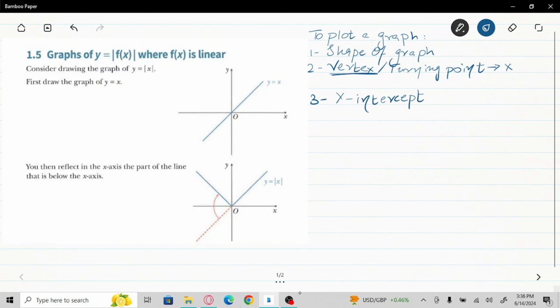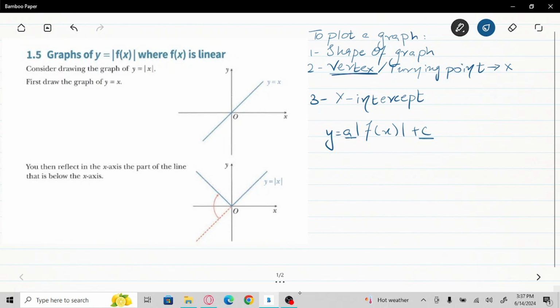As we know, every component of the mathematical world has an equation. Similarly, there is an equation for the modulus graph, which is y equals a times the modulus of a function of x, plus c, where this c is the y coordinate of the vertex, and this a decides the shape of the graph.